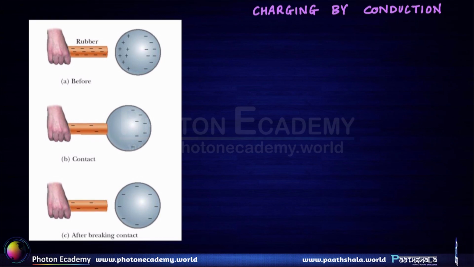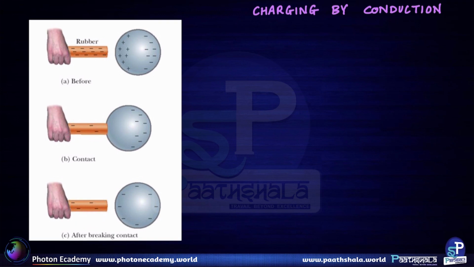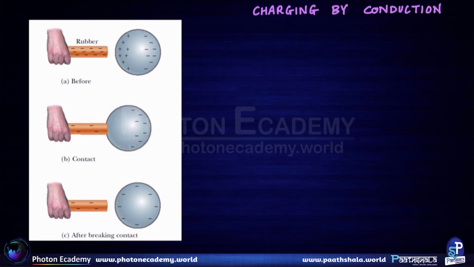Now when we break contact again, we can see that the rubber has fewer electrons present in it, and effectively the electrons that were towards the right hand side region of the sphere now get uniformly distributed.